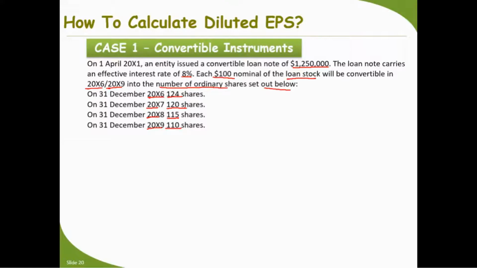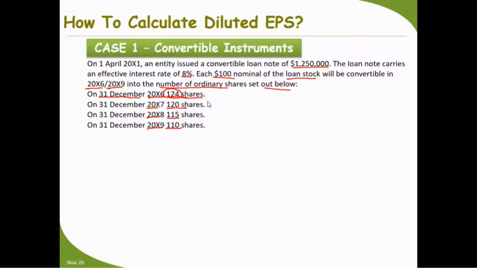Now, when you have different options, when there is an earlier conversion, there would be more number of shares. Even though it depends upon the question data, you will opt for the option which will give the maximum number of shares. So we will opt for the option that it will be converted on 31st December 20X6, which is 124 shares.